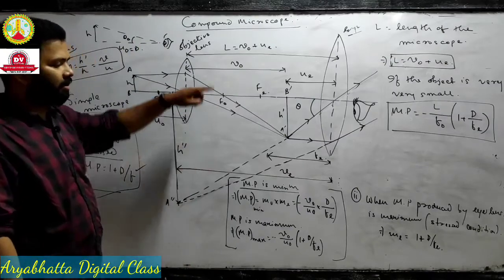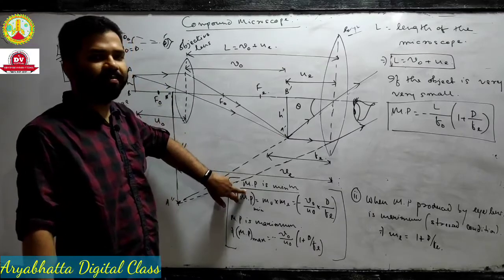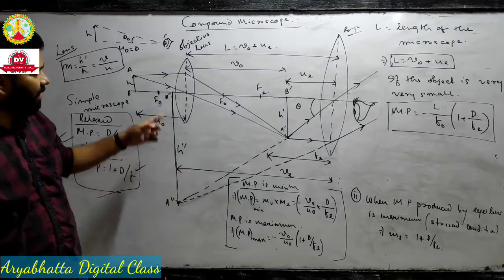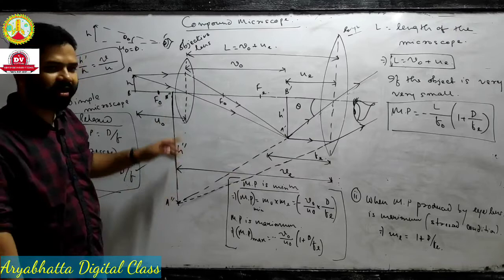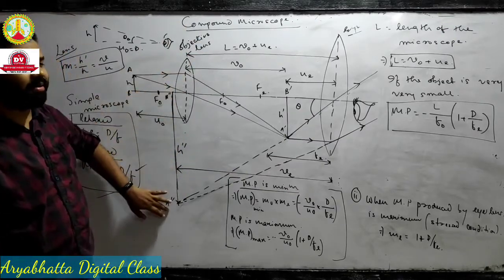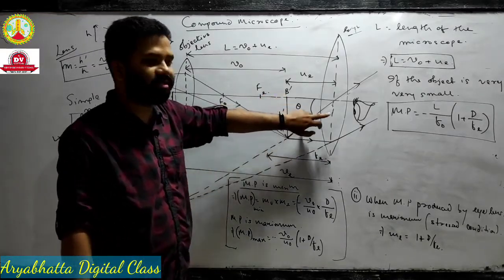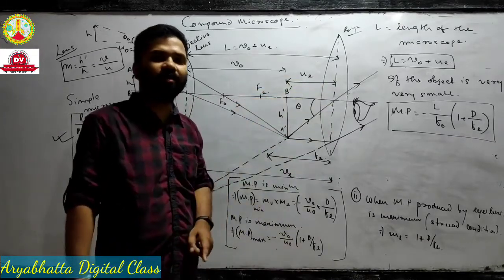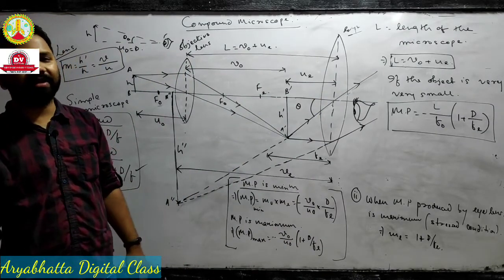Acha, we have done one for when the magnifying power is minimum. Magnifying power is minimum means the relaxed condition, so the image will form at infinity. If you want to form the final image at infinity, this object, which is the object for this lens, must be at the focus of this lens, because you already know that if the object is at focus, then the final image is formed at infinity.